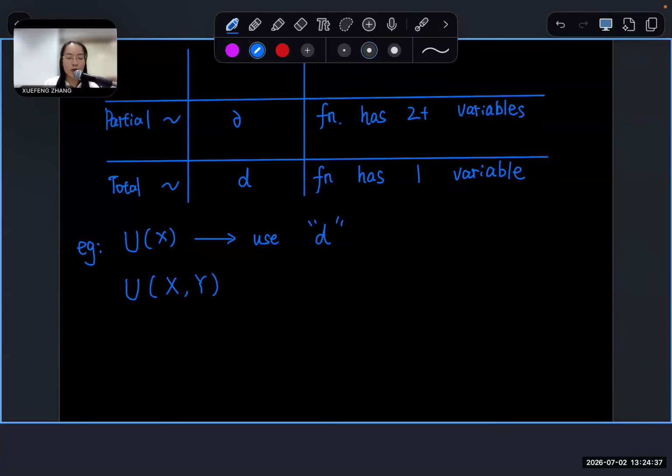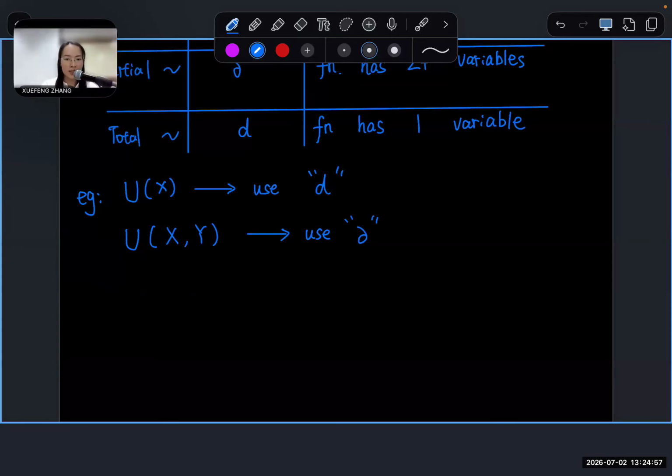That means if we want to take the derivative, we need to take it for each variable. So we're going to use the partial derivative. For partial, we use curly d. And also because the utility that we learned always depends on x and y, that means we're going to use the partial derivative in consumer theory.